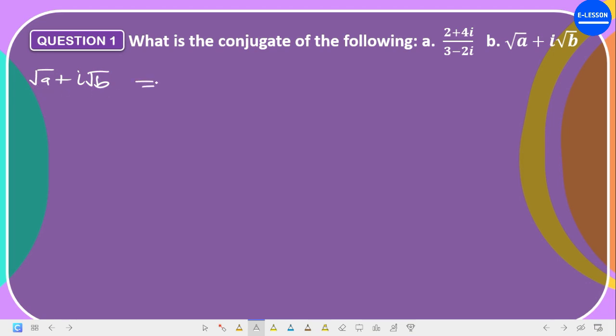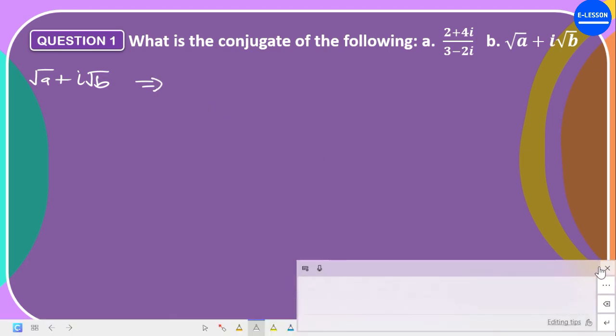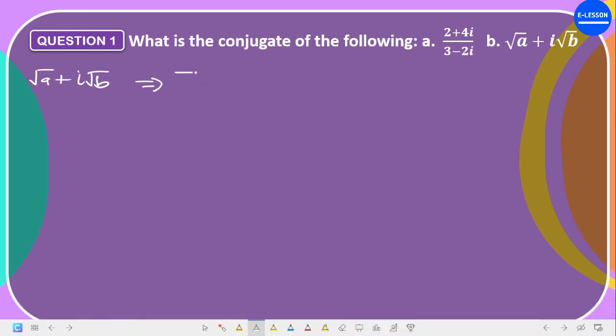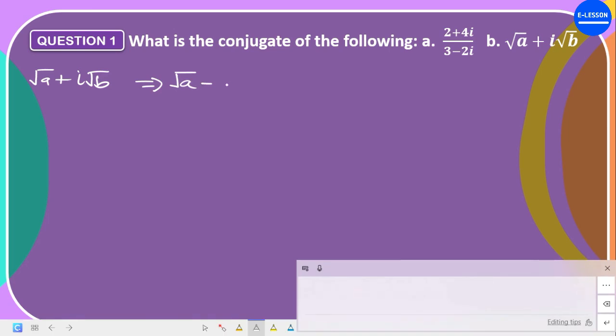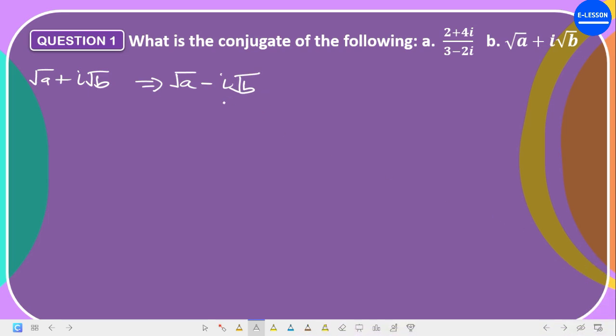To find the conjugate of this complex number, all we need to do is change the sign in between. So this becomes root A, instead of positive here, it becomes negative I root B. So that is that for this question.